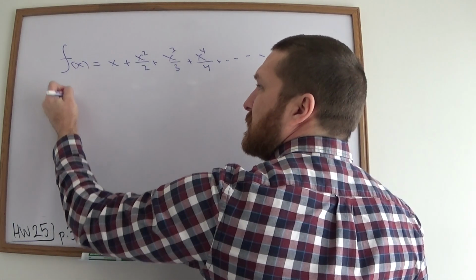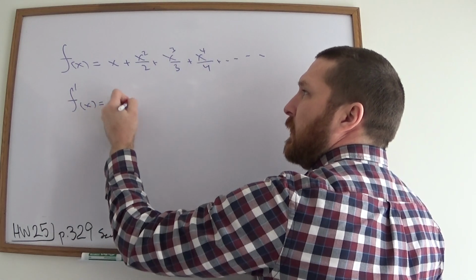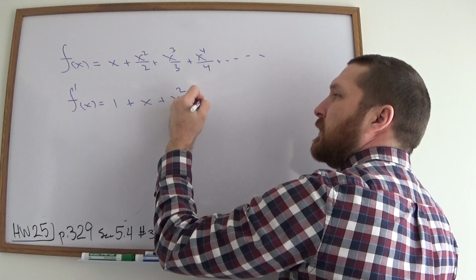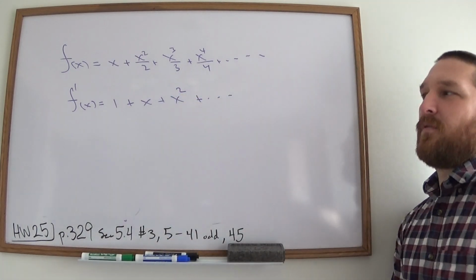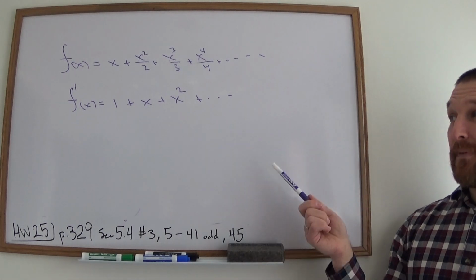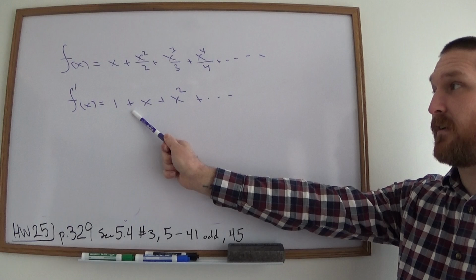One of the telltale signs is to look at its derivative: 1 plus x plus x squared plus. That ain't gonna work everywhere. You can't plug in a 1, you can't plug in a 2. You can plug in a half, and that's gonna be fine.